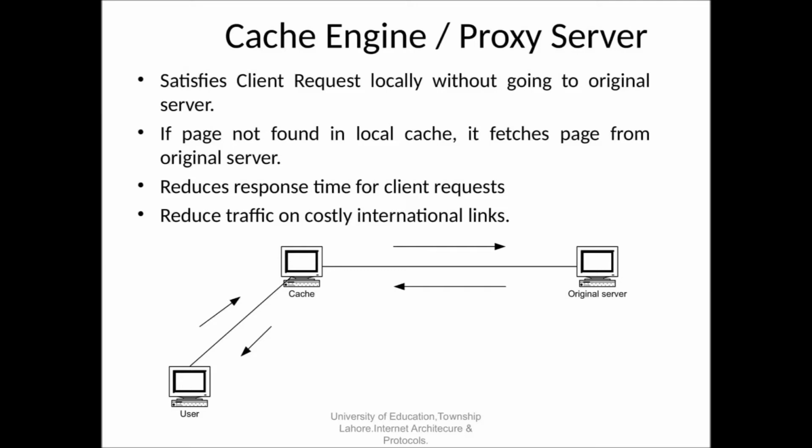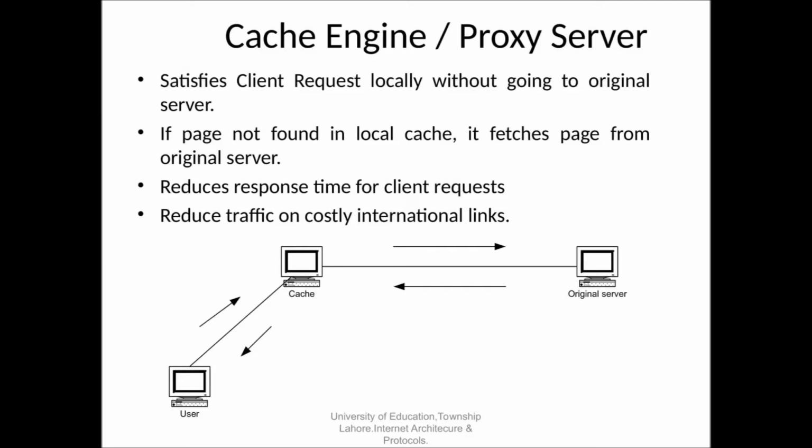If the request cannot be fulfilled locally, then the request will be forwarded to another server. Reduces response time for client requests. The proxy server or cache engine fulfills the request of a user locally, and the request time is minimized. Last point: reduce traffic on costly international links.